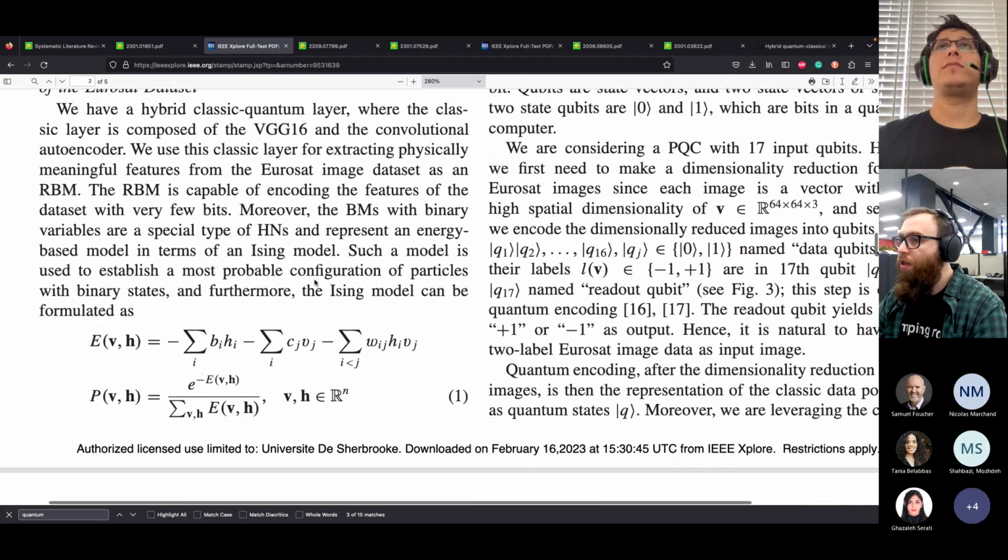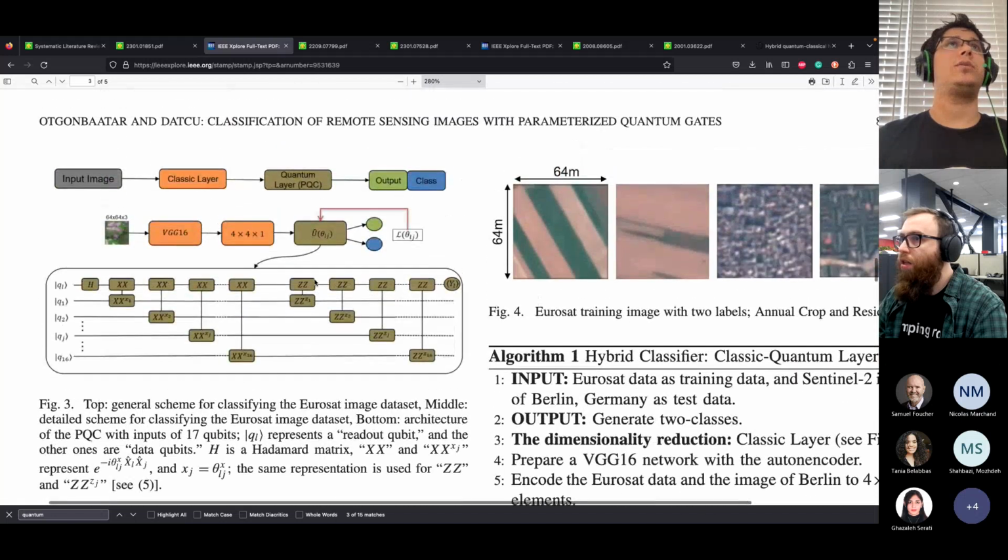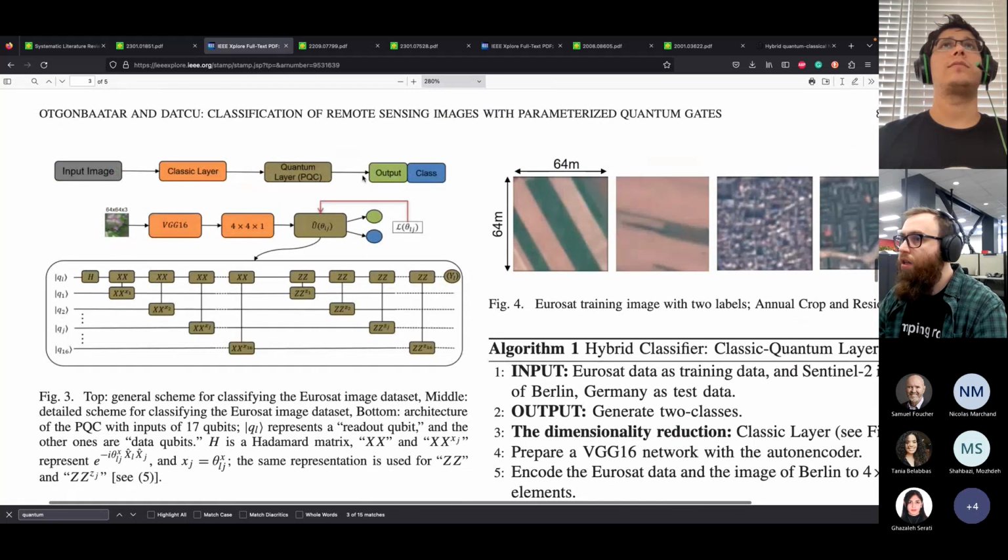Okay. Now here, what are they doing? Look, here they have an example. They have the input image. They pass it to a VGG neural net, which reduces the dimensionality. They pass it to a quantum circuit. Now here's the instance of the quantum circuit.